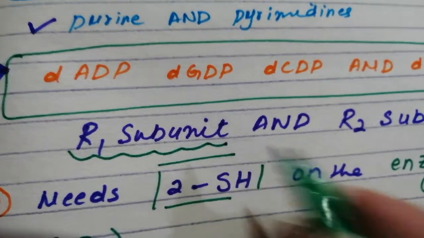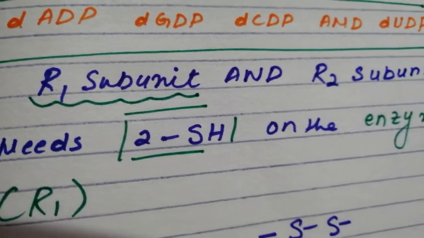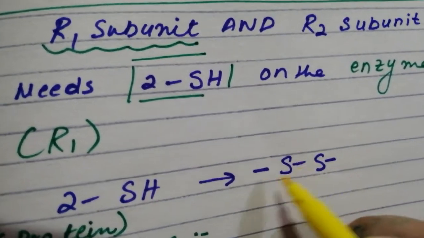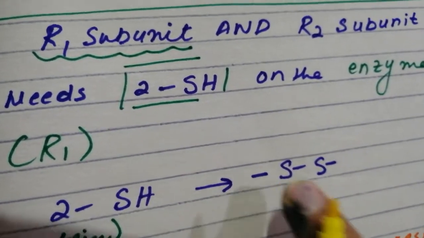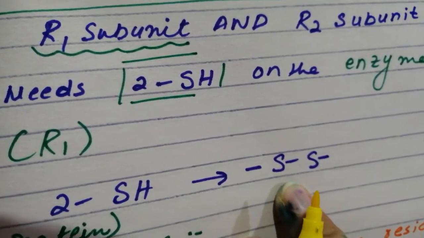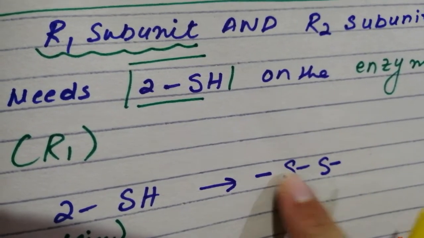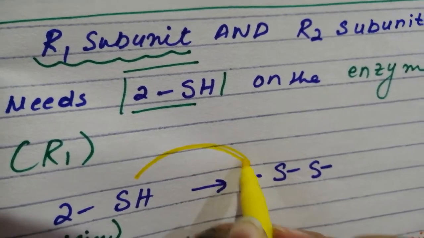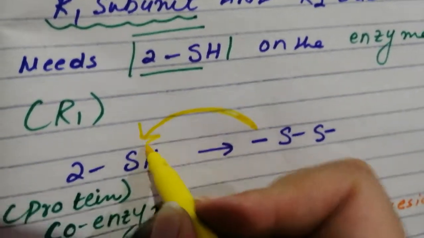And in the course of the reduction, these 2 sulfhydryl groups are oxidized to a disulfide bridge, and this is what allows the reaction to occur. But for this reaction to be repeated, this reaction needs to take place in reversal.